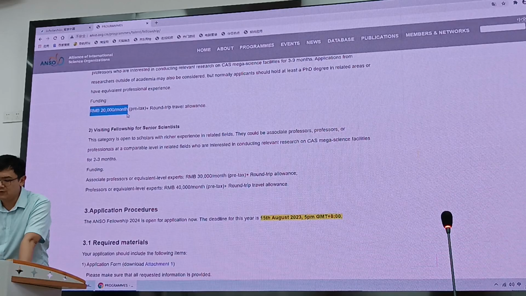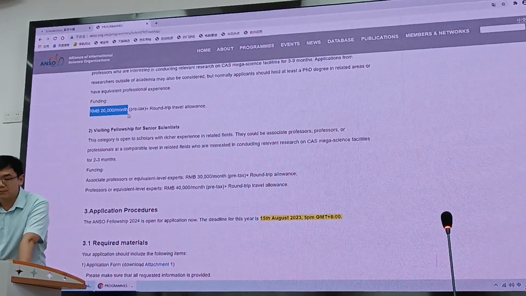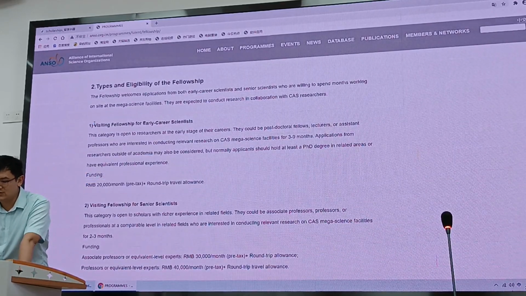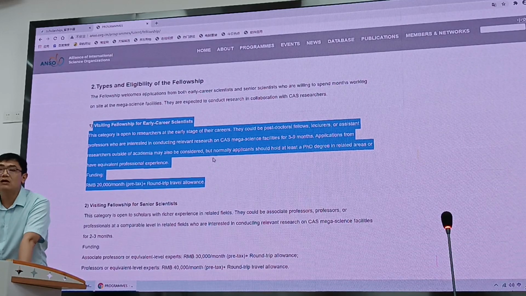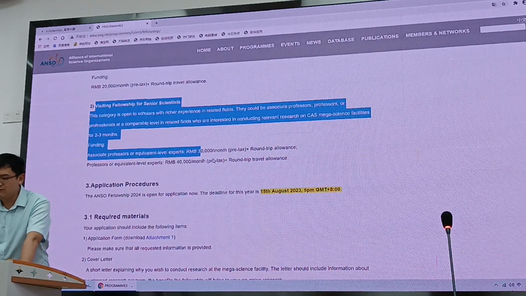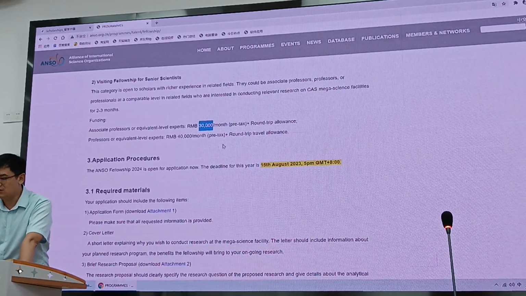They have around 20,000 yuan per month, plus round trip and travel allowance. It's a visiting fellowship for early career scientists, postdocs or other researchers. For senior scientists, for most of you, they will have like 30,000 Chinese yuan per month.